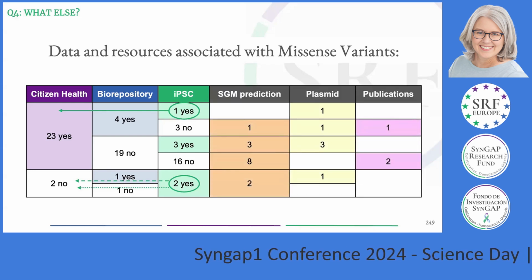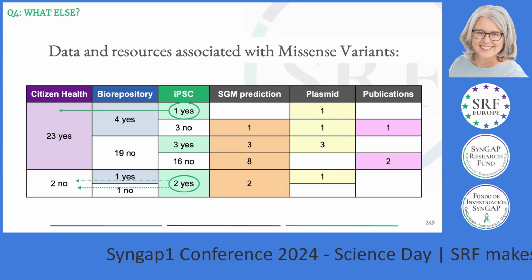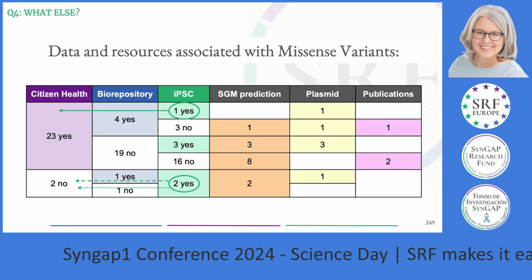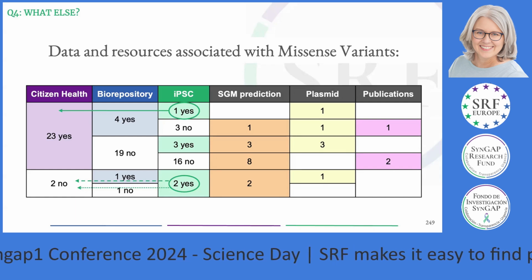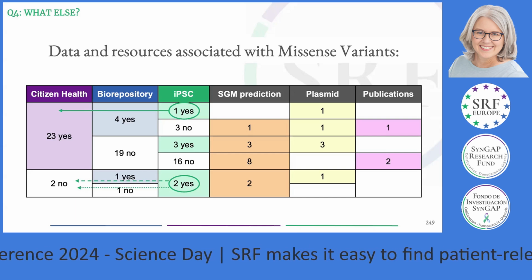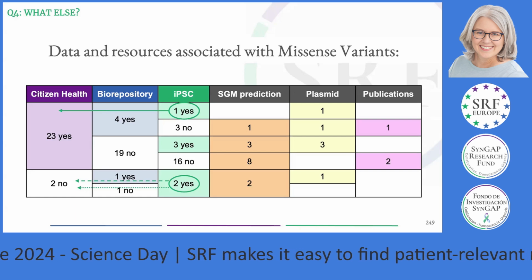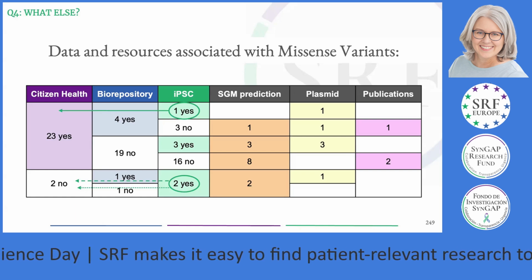So what else do we have? We also have whether or not the Syngap missense server gives a prediction on what the consequences of that missense amino acid change would be. That's in orange, that was the Pekka Pastila information. In yellow, we have information from Dr. Michael Courtney's lab.